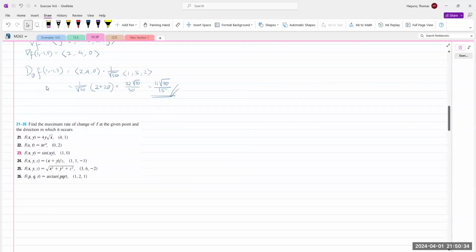Numbers 21 to 26: find the maximum rate of change and the direction at which it occurs.